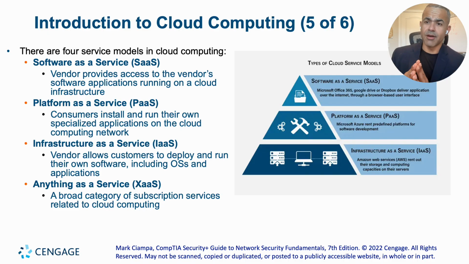Now, there's a fourth service model that has just gained popularity, and it's called XaaS, and that is anything as a service. So that is a very broad category of subscription services that are now available to you. I mean, it's just a ton. It can include all three of these service models, software, platform, and infrastructure. But anything as a service also includes the networking endpoints.